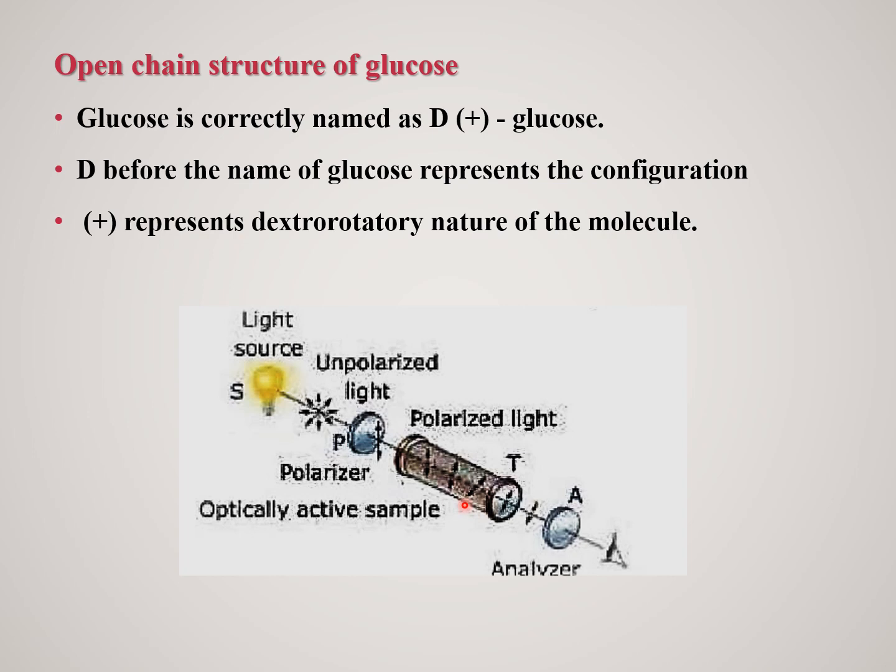plane polarized light. So, if the molecule rotates the plane polarized light in the right-handed direction or clockwise direction, then the compound is called dextrorotatory compound.